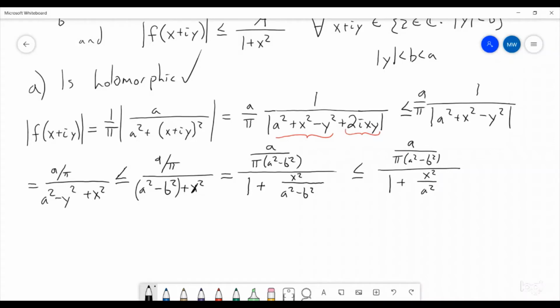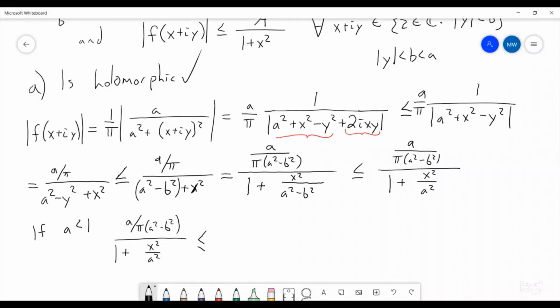Here's where we get the two cases. We're finally there. So first case is if a is less than 1. Well, if a is less than 1, what we can do is we have our a over pi a squared minus b squared all over 1 plus x squared over a squared. This is just going to be less than something where we are making the denominator smaller.